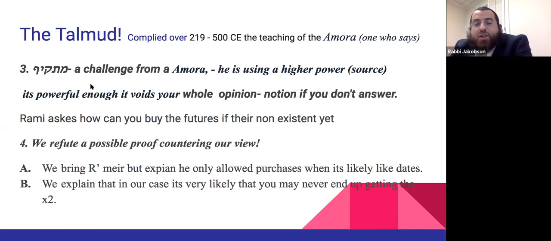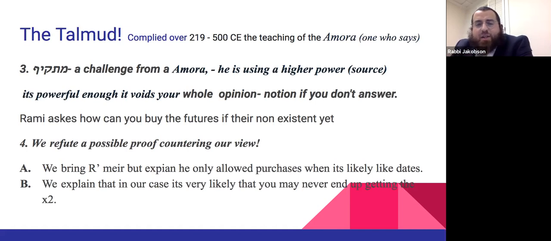When you see the word maskif in the Talmud, it means that the question that we have, either because we have a source for it or because it's that strong intellectually, will void your whole opinion or your notion if you can't answer it. So whenever you see a maskif, I am challenging you enough that if you don't have a solid answer, your previous opinion or thought will be void based on what I asked you. So again, that is the rule of a maskif.